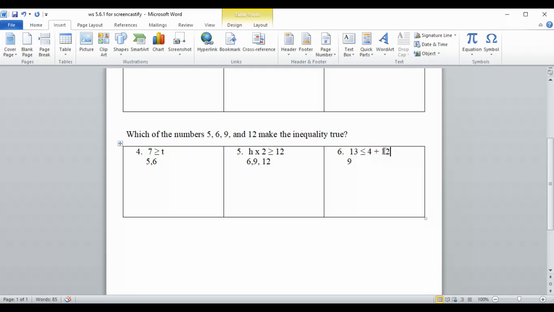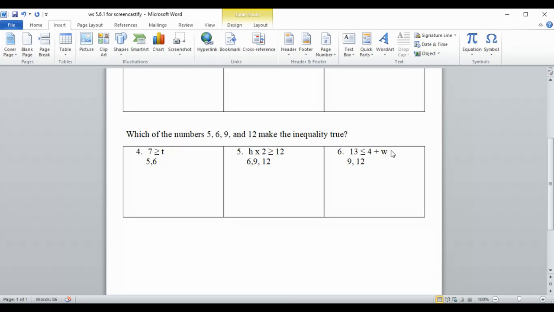What is 4 plus 12? It's 16. 13 is less than or equal to 16. 13 is less than 16. Yes, it is. So 12 works here. So these two numbers work here. Those are the only two numbers that work.